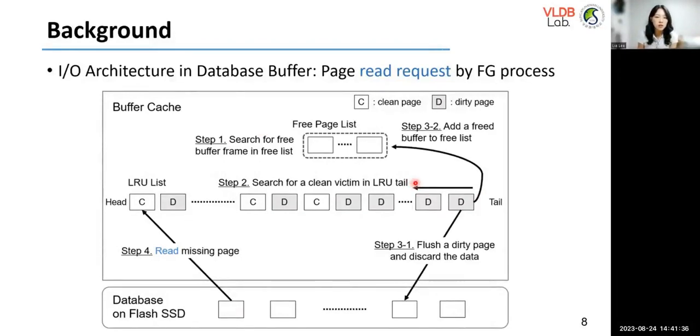However, if there is no clean page within the predetermined scan depth, it has no choice but to flush a single dirty page at the end of the LRU tail. So in the worst scenario, the foreground user thread must wait for the disk write to be performed first in order to read a missing page from the disk.